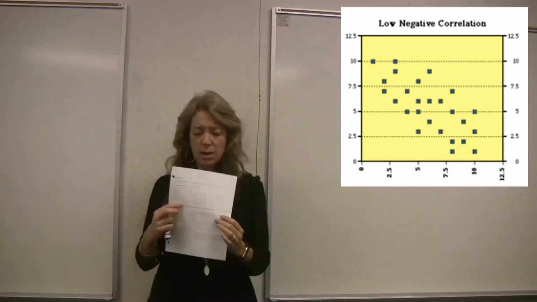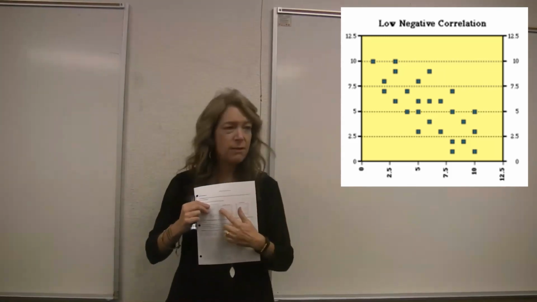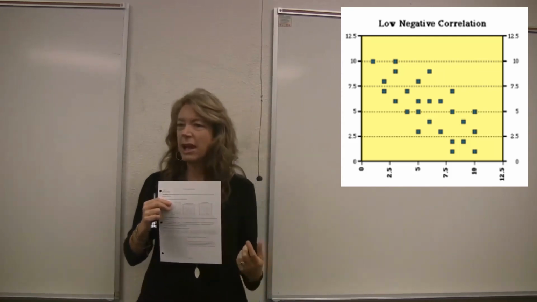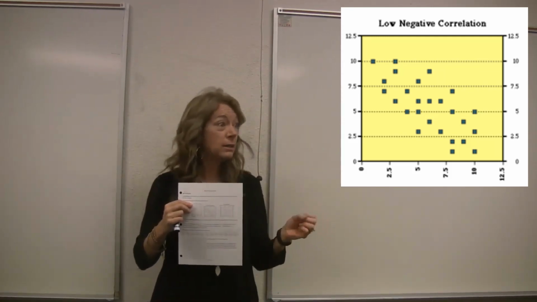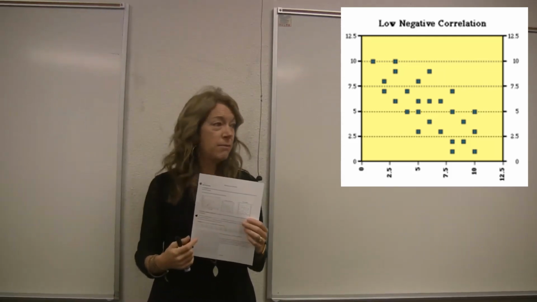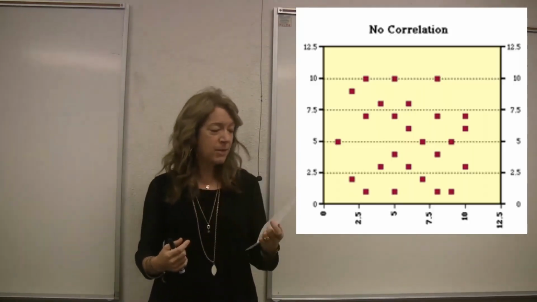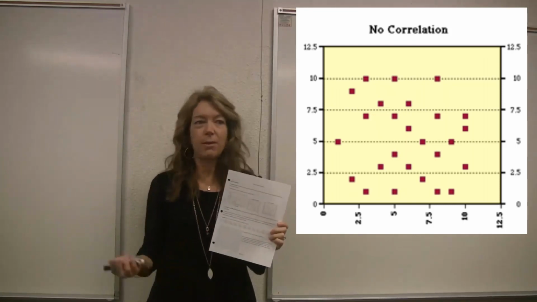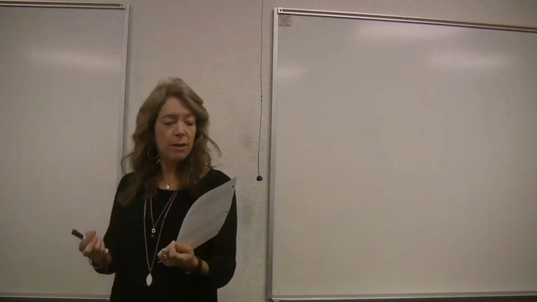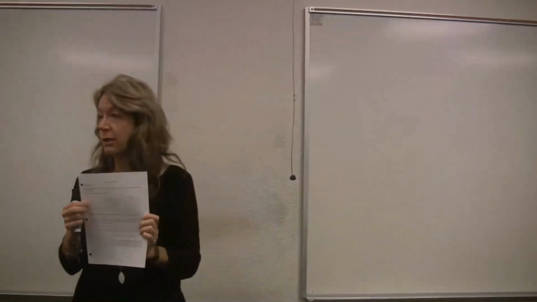Down. Yeah, you can kind of put a line through there, starting from the top and going down towards the right-hand corner. It's not a real strong line. It's not like they're definitely lined up, but you can at least see where the trend would be. And what about that last one? Which way would you draw the line? I don't even know where to guess either. So we talk about the first one being a strong correlation, the middle one being a weak correlation, and the last one having no correlation.